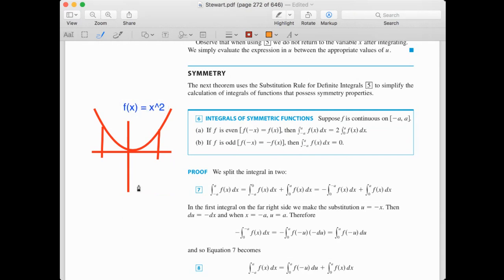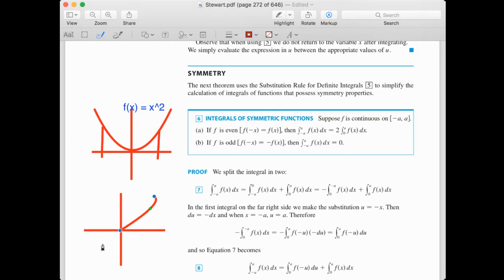But now let's think about an odd function. Let's use x cubed, or even 1 over x. Let's use x cubed, something like this.